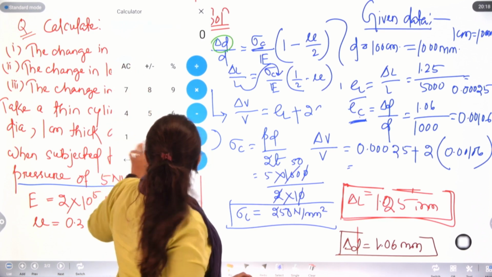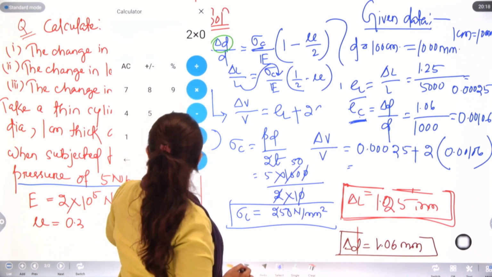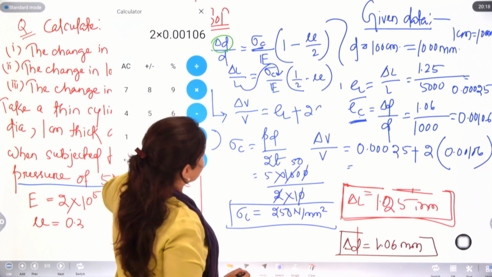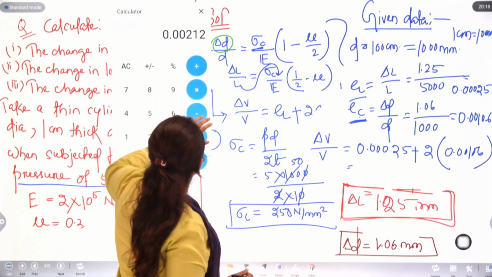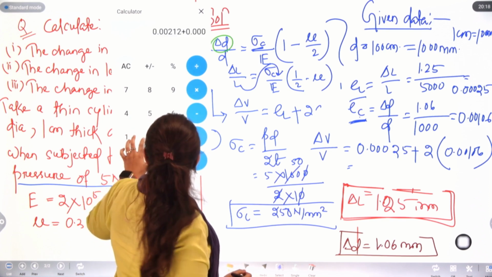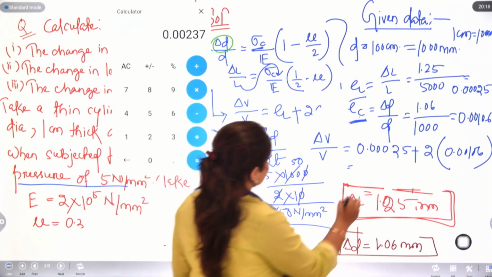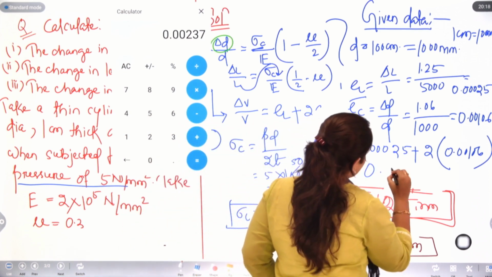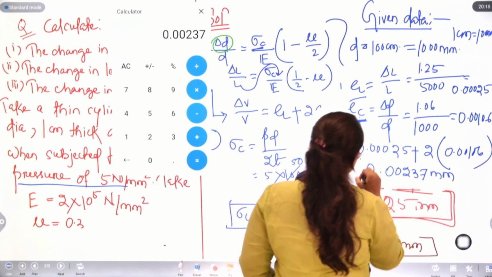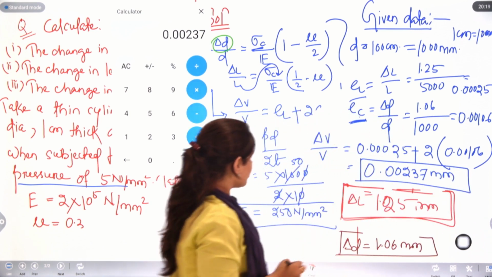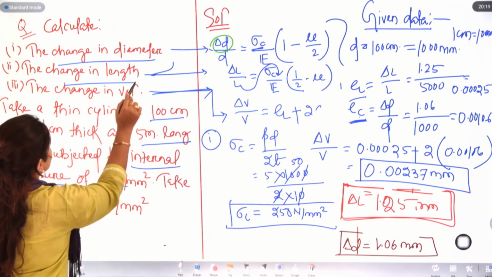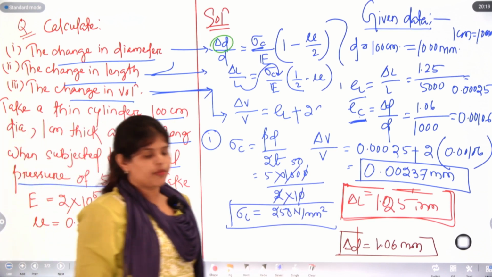Sorry, it will be 2 into 0.00106. You can use a scientific calculator, so you will get the proper answer. 0.00237. So here we have our change in diameter, change in length and change in volume.